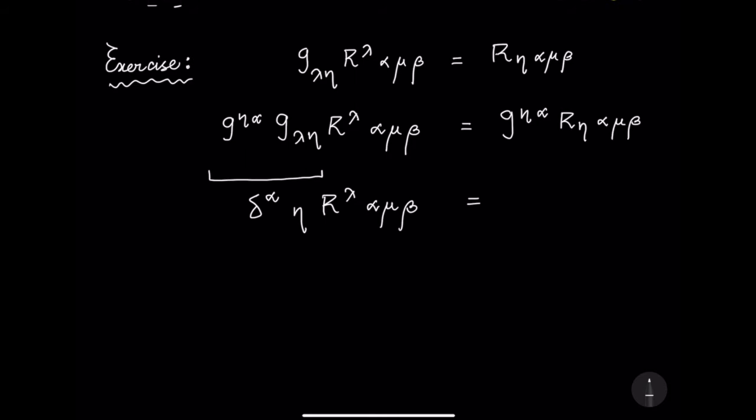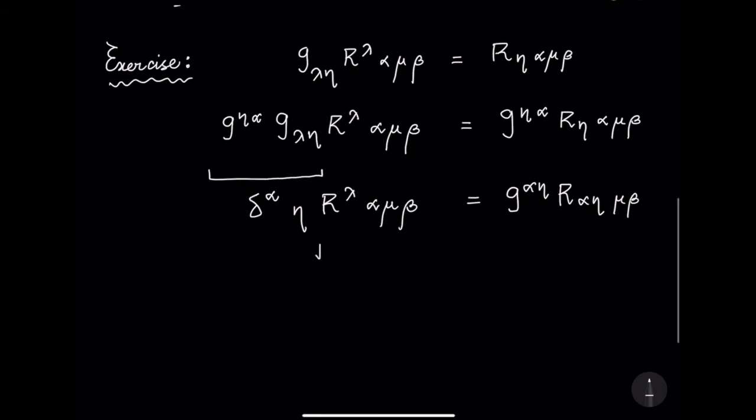So lambda gets contracted, so eta comes downstairs. Now here, eta and alpha both are dummy indices, they're summed over. So why not interchange them? So we write this as g alpha eta and R alpha eta, and then mu beta I leave as it is. This becomes, so I have to change the index alpha by eta.